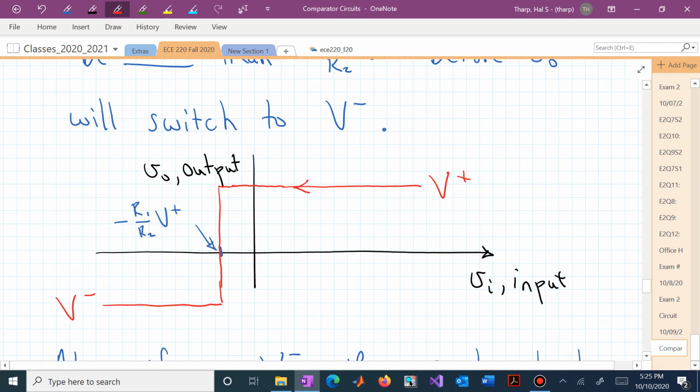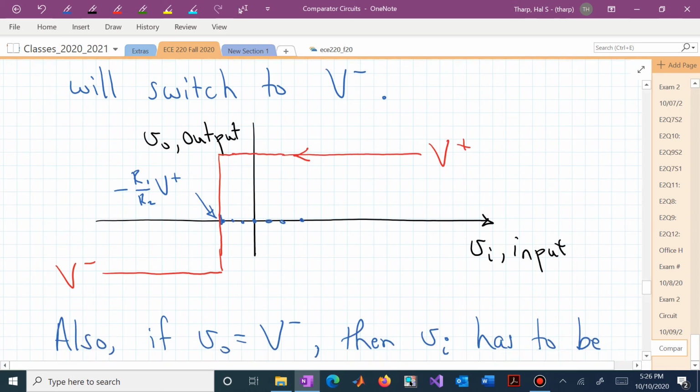So as we are decreasing in terms of V sub I, if V sub I is getting smaller and smaller, then when V sub I becomes 0, it doesn't dramatically drop down to V minus. We have to move V sub I down to this new threshold value of minus R1 over R2 V plus before we actually switch, or before when V sub p becomes 0 and we go down to an output value of V minus.